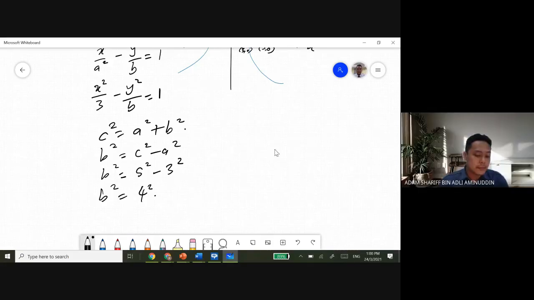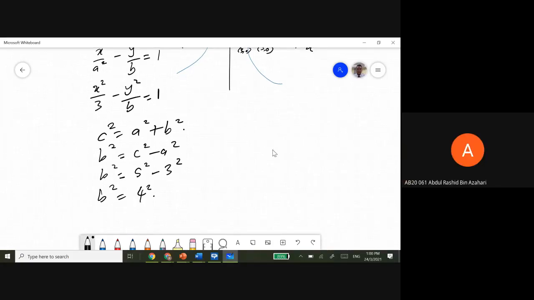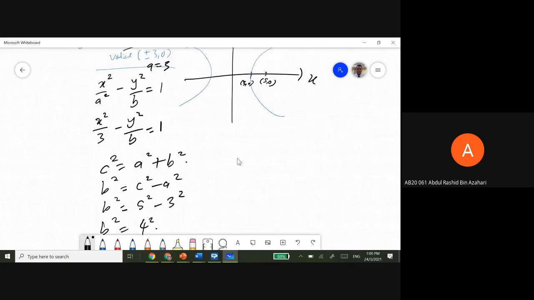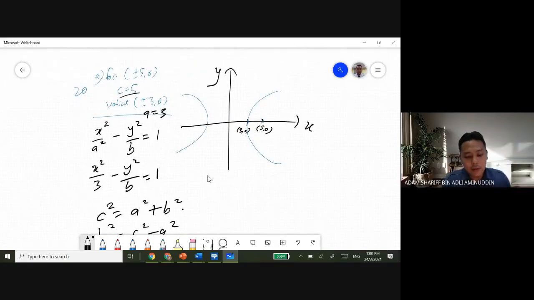Sir, A tu kena kuasa 2 kan? Betul tak? A itu adalah nilai panjang A tu, tak perlu kuasa 2 kat sini. A tu yang nilai 3. Bukannya 3 kuasa 2. A kat sini ni 3.